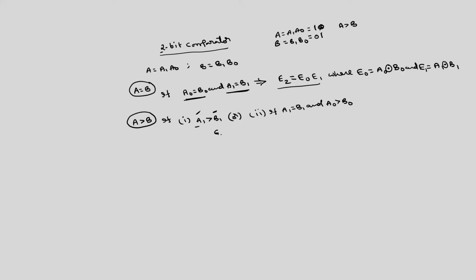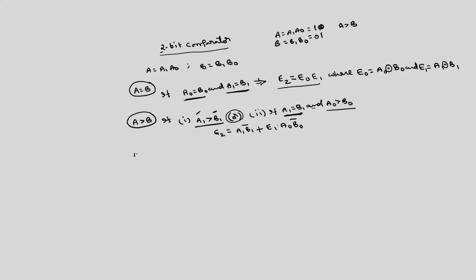If I call this G2, this is G1, or in Boolean expression A1 greater than B1 means A1 B1 bar, plus E1, this is E1 and A0 greater than B0 means A0 B0 bar. So, this is the expression for G2.